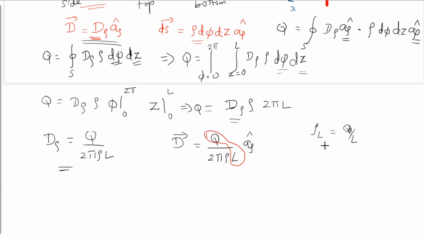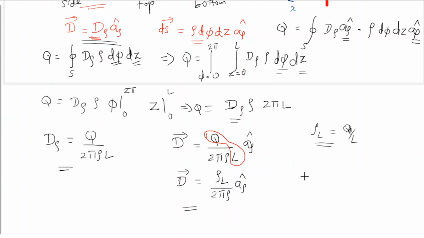So Q by L is nothing but rho L. If I substitute that, I get the D vector as rho L by 2 pi rho a rho cap. This is now the D vector.